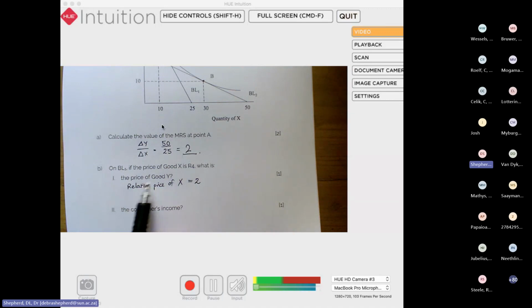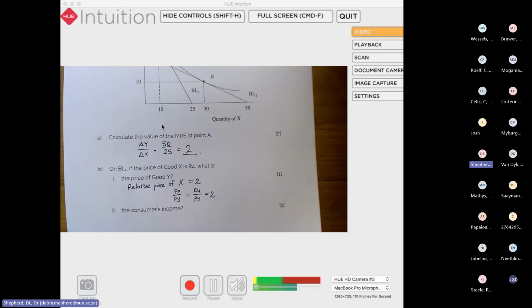And how would I calculate the relative price of X? The relative price of X would be the price of X over the price of Y. And I know that the price of X is 4. This is the thing I'm trying to find, and that must be equal to 2. So what would the price of Y need to be in order to give me an MRT, or relative price of X, of 2?